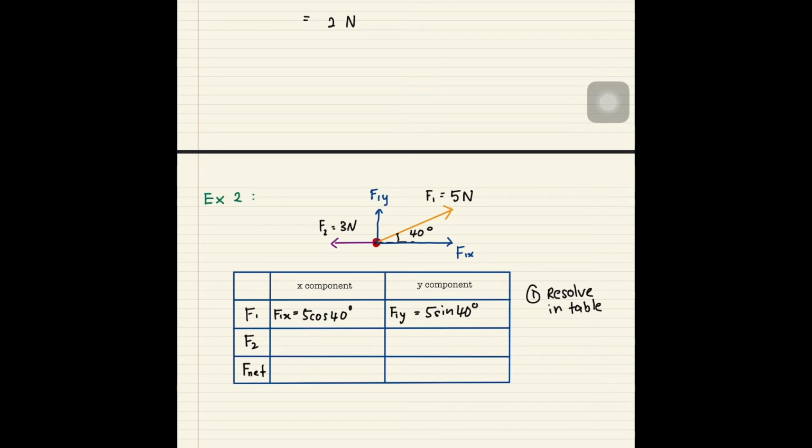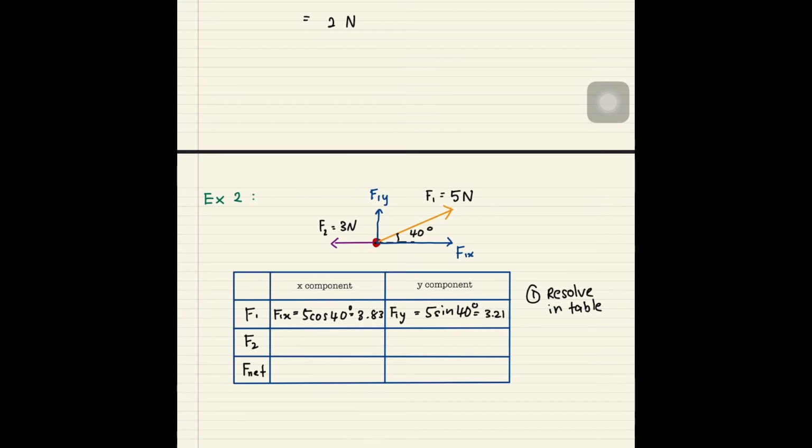Because 40 degrees is in degrees, make sure your calculator is set in degree mode. The answer for this one will be 3.83. And then 5 sin 40 is 3.21.